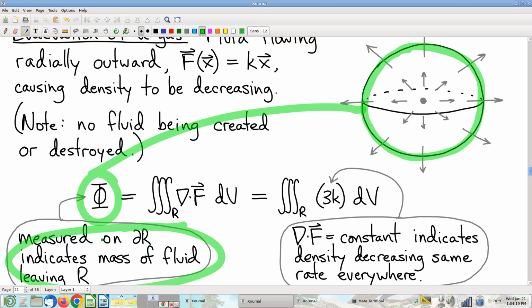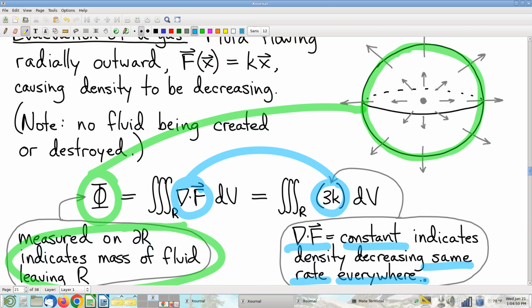So if mass is leaving and it's not being generated to replace it, density has to be decreasing. So how do we detect where the density is decreasing? Well, that's what the divergence tells us. The divergence, being a constant, is an indication that the density is decreasing, in this case uniformly, at the same rate everywhere inside of that sphere.